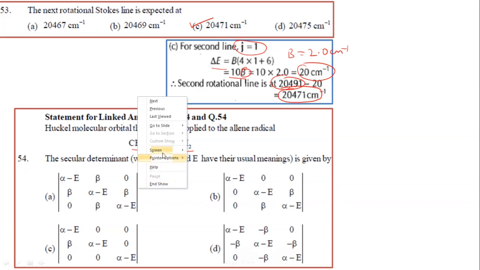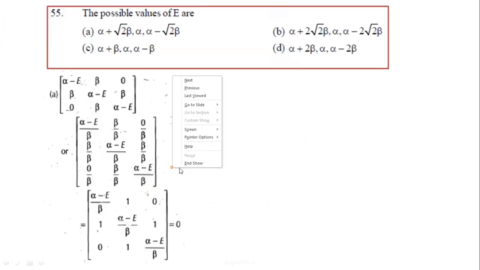So here option A is correct. Last question, 55. The possible values of E are, you have to calculate the E values. You take the determinant divided by beta. Now this is 1.